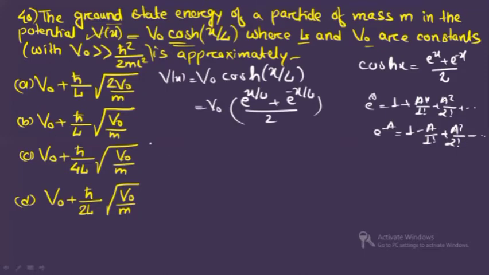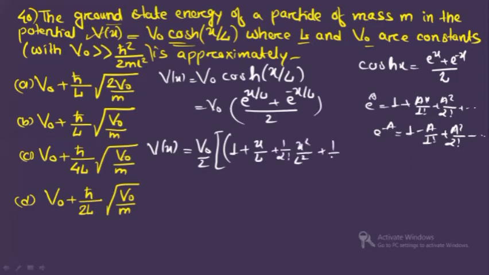So this term also we will write in that way only. V(x) will be equal to V0 as it is, and 2 is outside. Now we will write the first term: it will be 1 plus x by L plus 1 by factorial 2 x square by L square plus 1 by factorial 3 x cube by L cube plus it goes on.